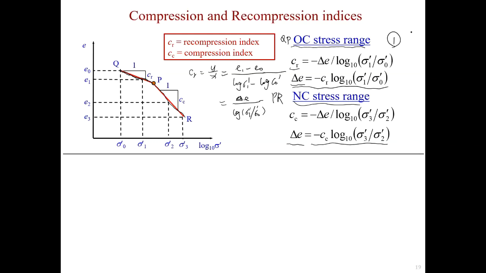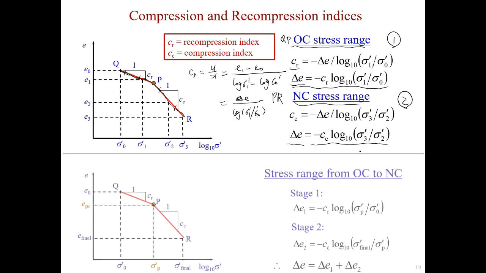Normally for the calculation, we have 3 scenarios. Firstly, all the change in the effective stress occurs in the OC range. Then you use this formula to do the calculation. If the initial stress and final effective stress are both in the NC range, then we use this formula.